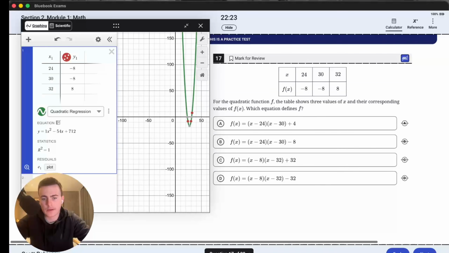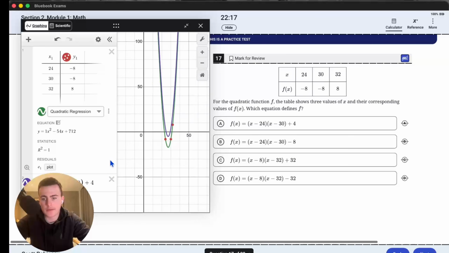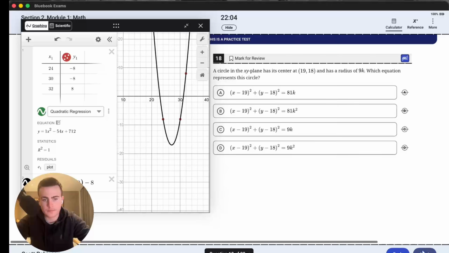So to do that, you would literally just plug them in. Like A, I'm going to plug it in. And you're looking for it to overlap with the graph. A does not do that, so it's not going to be A. Let's try B. x minus 24, x minus 30, then minus 8. Is this the same? Yes, for sure. It overlaps it, so it's going to be B.